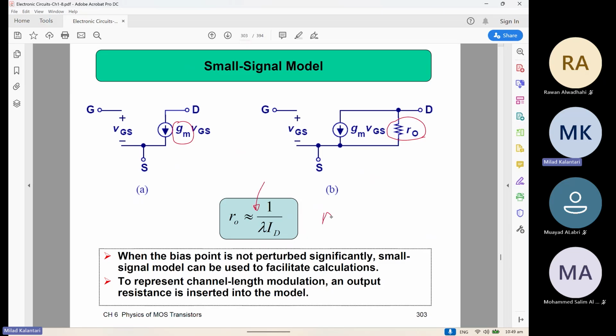So if you remember, for the BJT, the R out was basically V early divided by the collector current. In that sense, they are kind of similar, because if you increase the DC bias, the R out will be reduced. And also here, if you increase the drain current, the R out will also reduce.